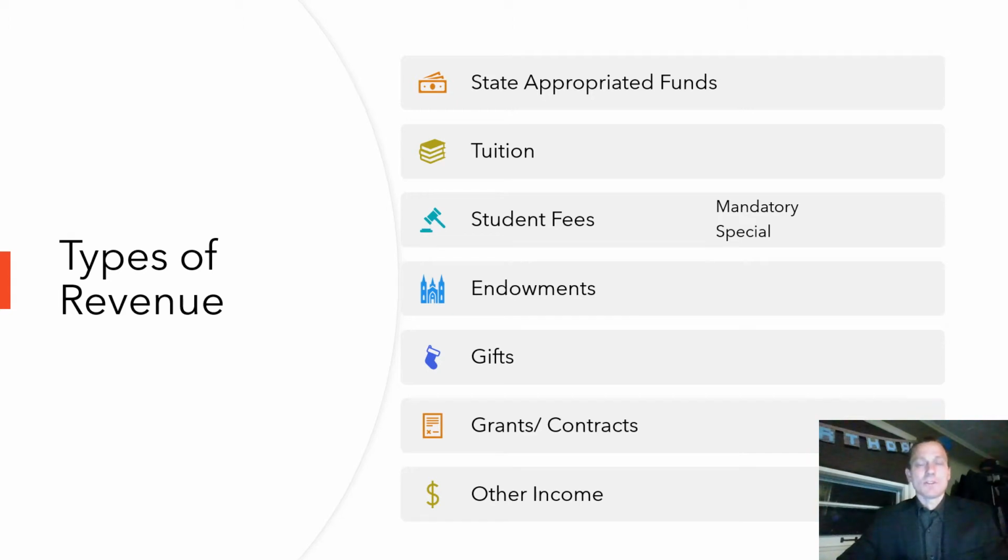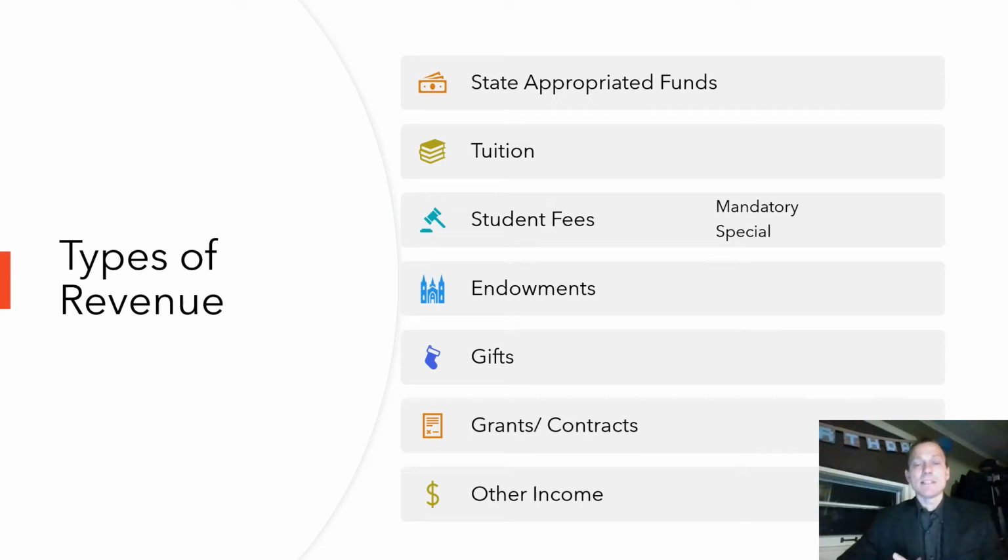There are many different sources of revenue for a school, and depending on the type of institution, they may vary quite a bit in where the majority of the funds come from. Funds can come from state appropriated funds, and these are taxpayer monies, and tuition, usually based on a per hour or a full-time status for a student.